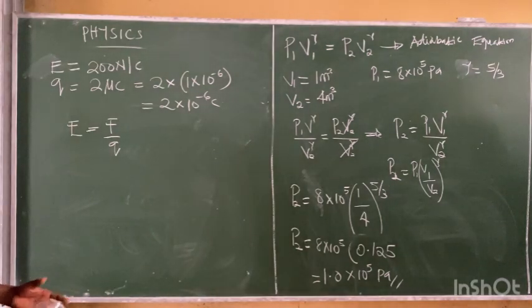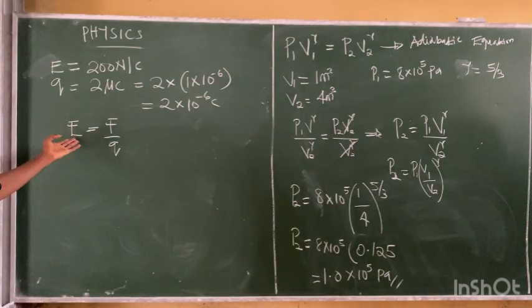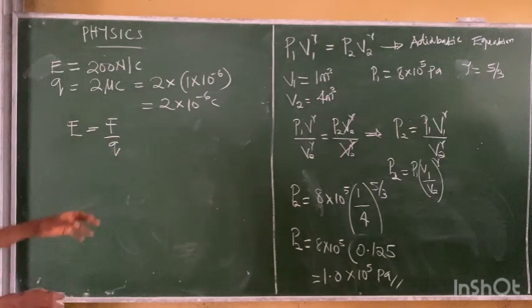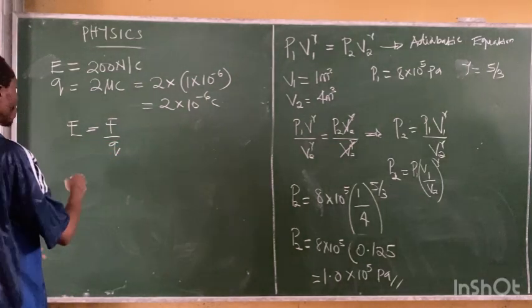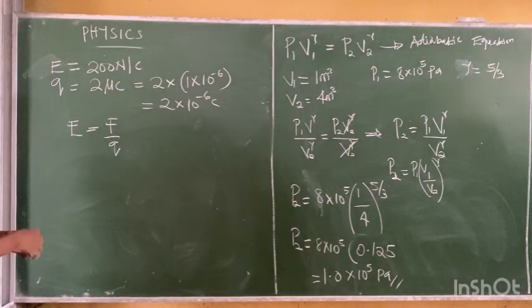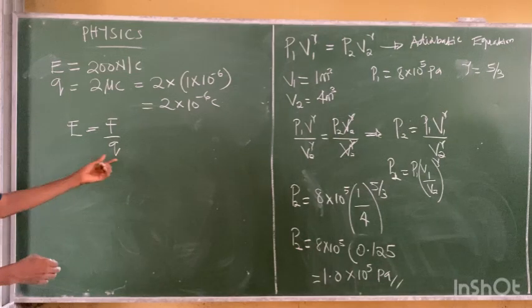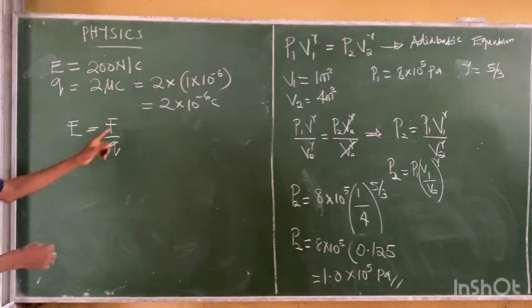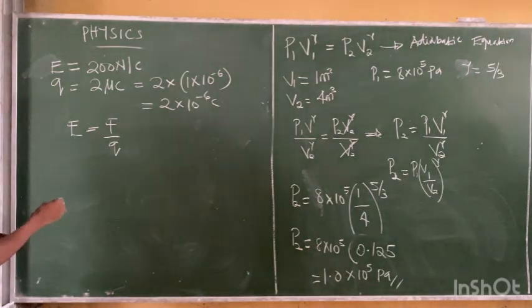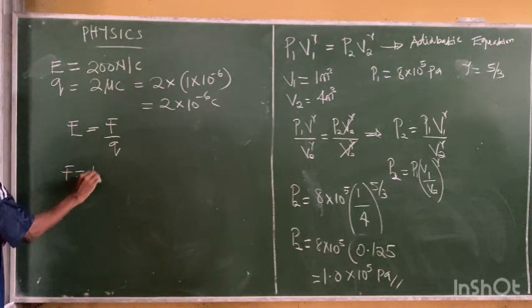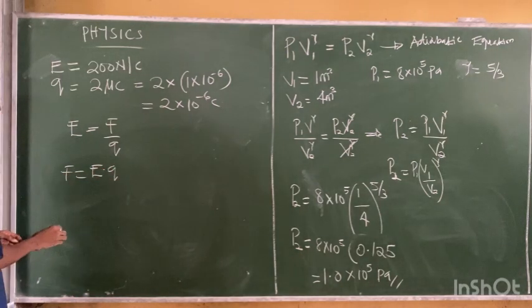Recall that the formula for electric field is given as this: E is equal to F over Q, where F is the force, E is the electric field strength, and Q is the charge. If we make F the subject of the formula, we have F is equal to EQ.